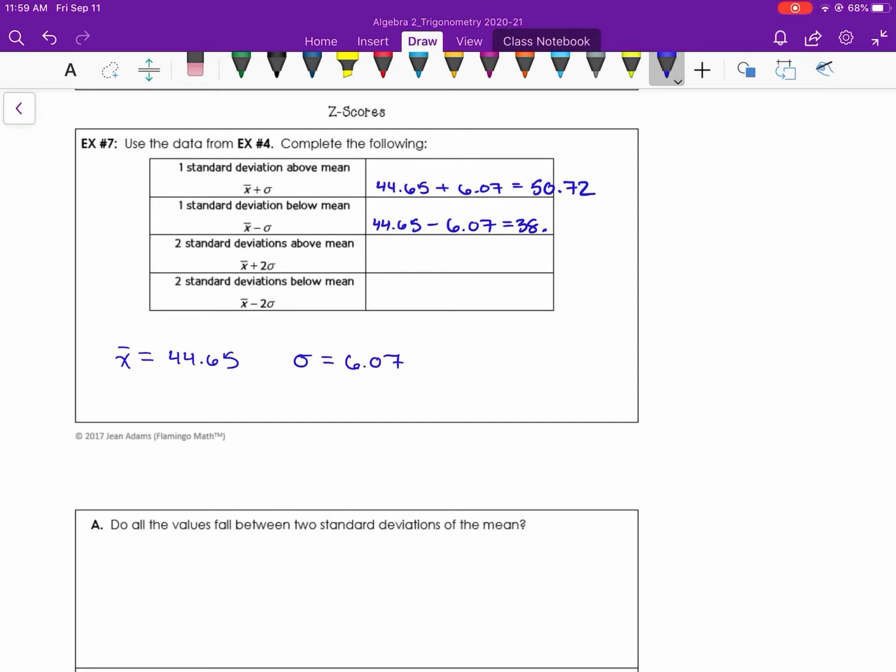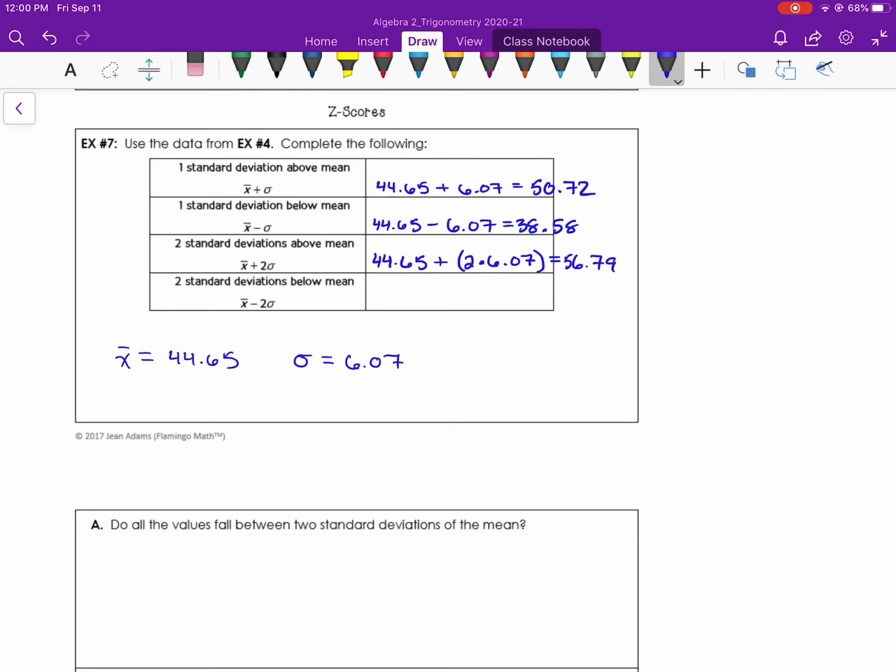Then we do one standard deviation below the mean. That gives me 38.58. Two standard deviations above the mean is my mean plus 2 times your standard deviation, 2 times 6.07, and that gives me 56.79.